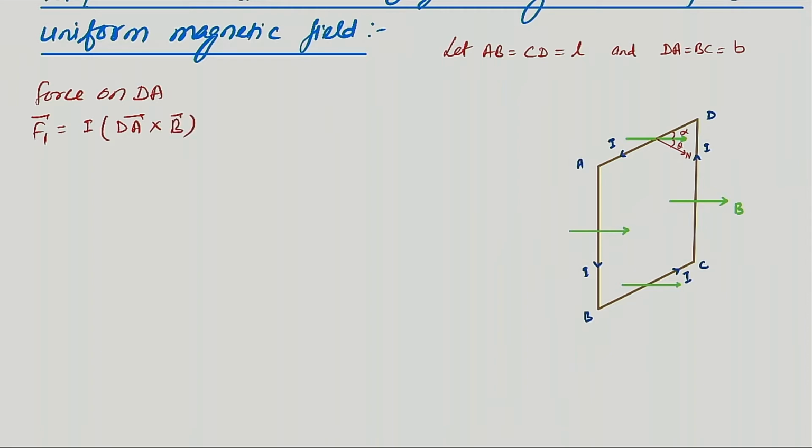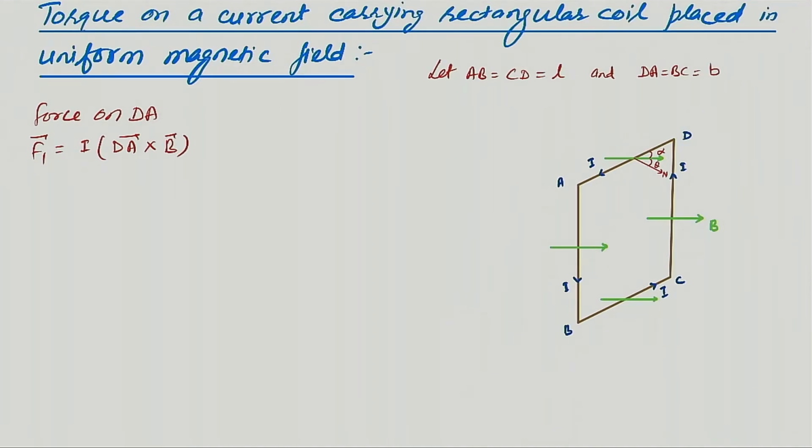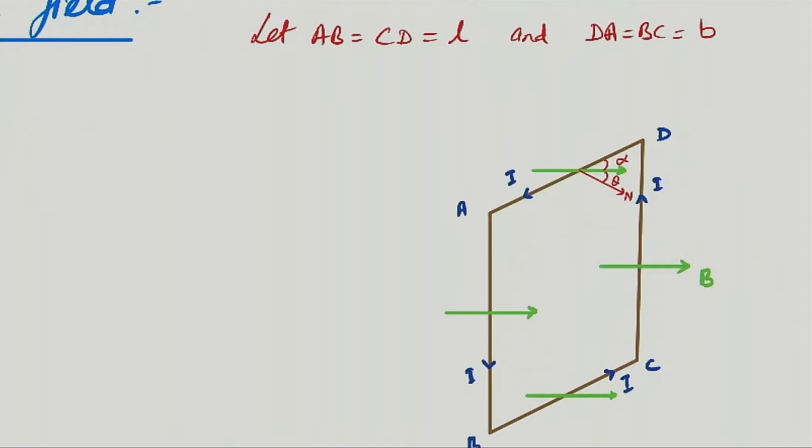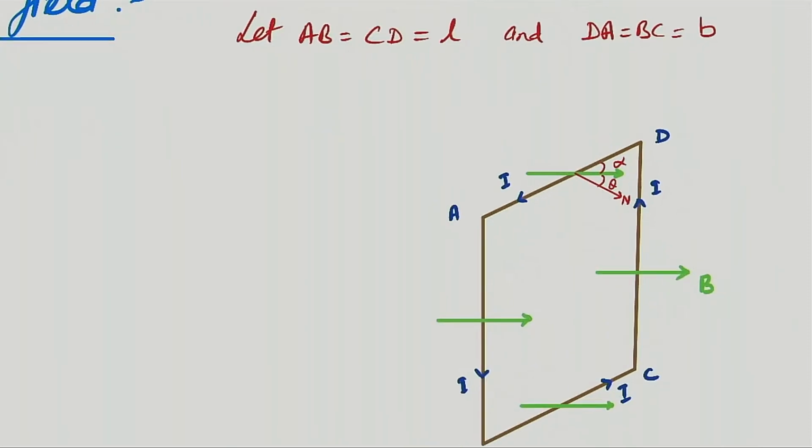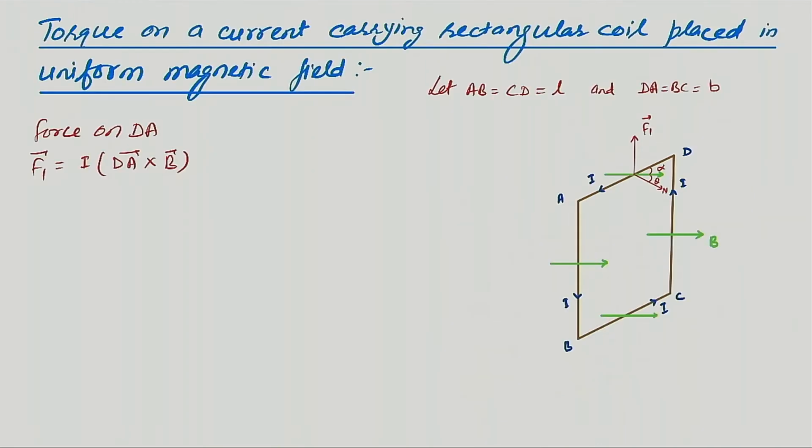We know that F1 is the cross product of dA and B vector, so this force will be perpendicular to this and directed upward, somewhat like this. This is the direction of the force F1. This direction can be found with the help of the right hand thumb rule. The magnitude of this force F1 will be equal to I b B sine of 180 minus alpha.